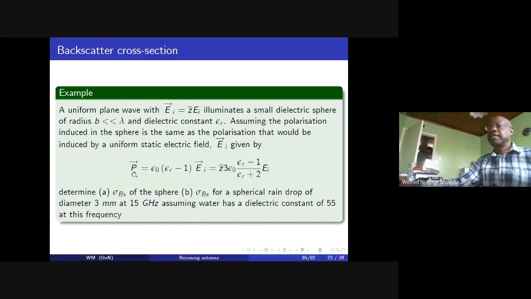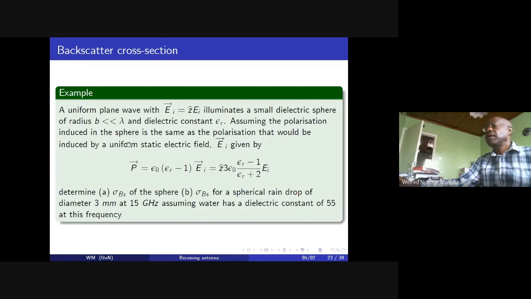And therefore, we look at another example of using the backscatter cross-section. So a uniform plane wave with an incident electric field intensity EI directed in the Z direction illuminates a small dielectric sphere of radius B much smaller than lambda, that is the operating wavelength, and a dielectric constant epsilon r.